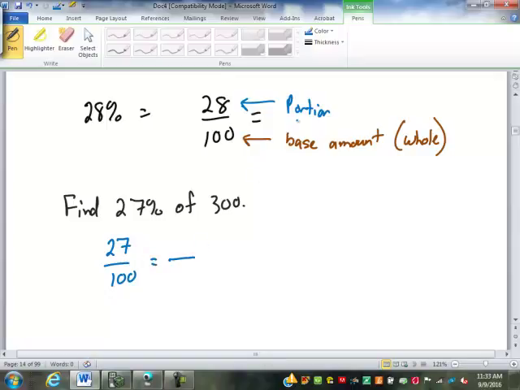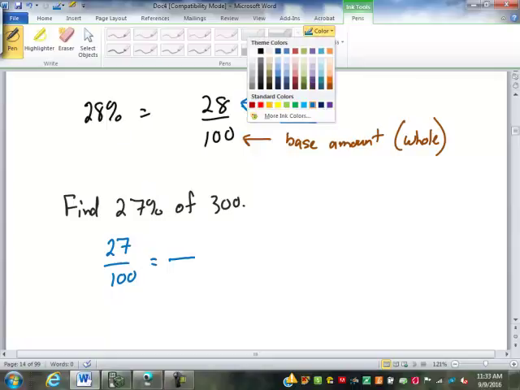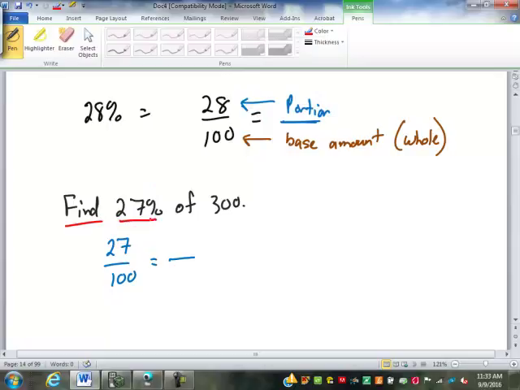Now on the other side of this proportion, like we said here, there's another number that represents the 27. Do we know that number? Well, it's asking us to find 27%. So it's asking us to find that other number that represents the same thing as the 27%. So that's what we're looking for.